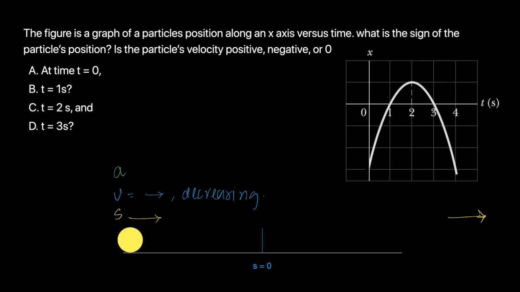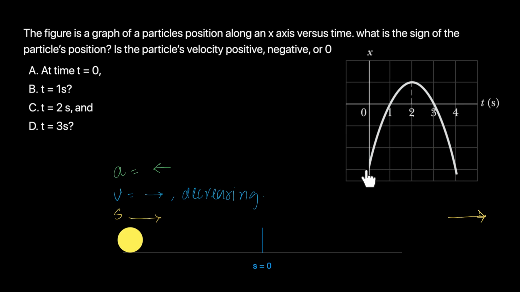So the acceleration is towards like that. The gradient is constantly decreasing, and it keeps on decreasing as you go down. So the acceleration is probably constant because in A levels we deal with constant acceleration. Nothing too fancy. So acceleration is constant, but towards the negative.